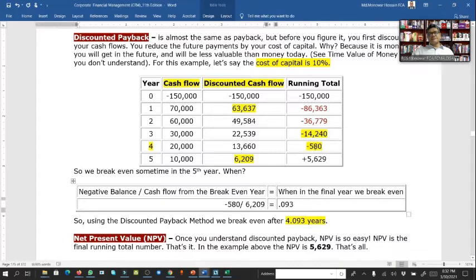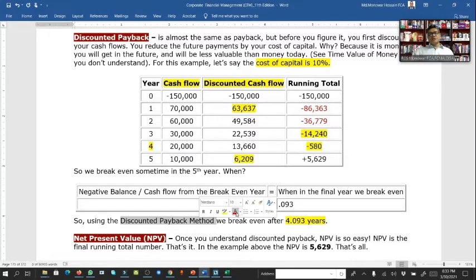Here this 580 divided by 6209, the cash flow of the next year, then we get 0.093. If we add it to the 4, we get 4.093 years as the discounted payback period. So we have calculated 2 items, payback period and discounted payback period.